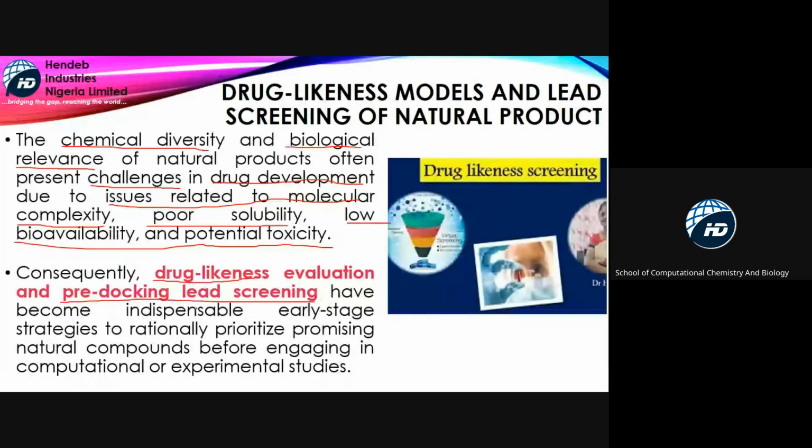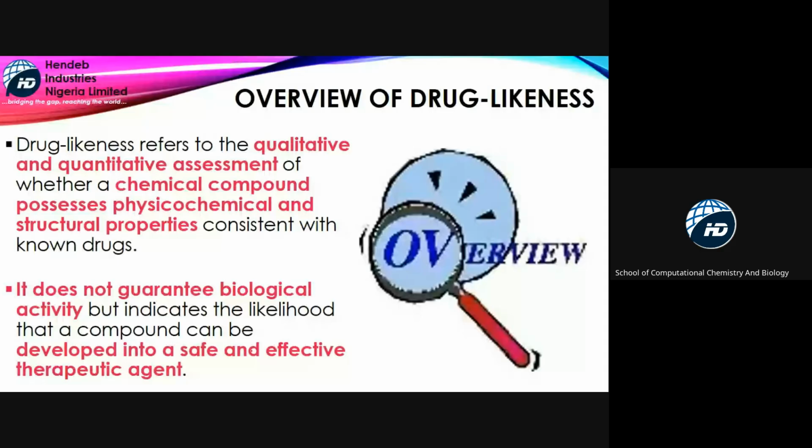It is an early stage strategy to rationally prioritize promising natural compounds before engaging in computational or experimental studies. With the ideas we shall share today, you can prioritize your natural compounds before further computational studies or experimental evaluations.